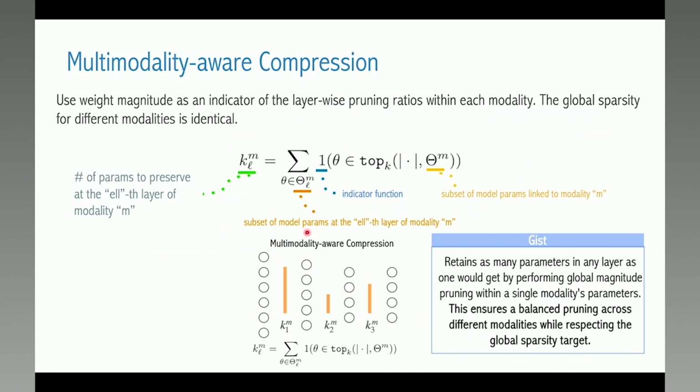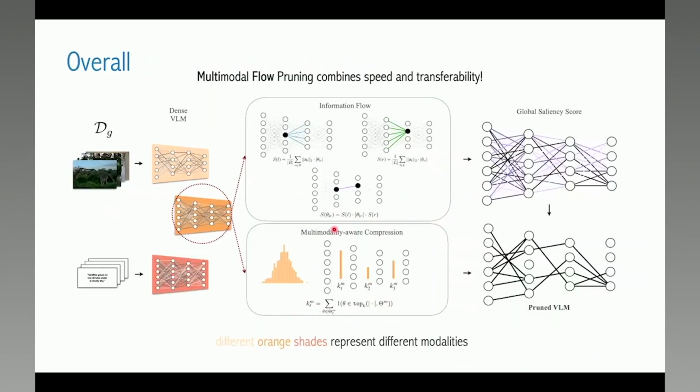So overall, our approach, as I told you, is based on two components. We call our approach multi-flow, multimodal flow, because there is a first component, this information flow, that allows us to estimate the saliency associated to the weights.